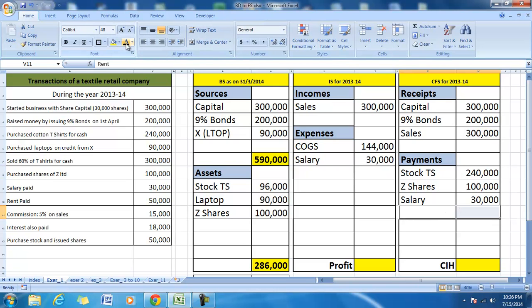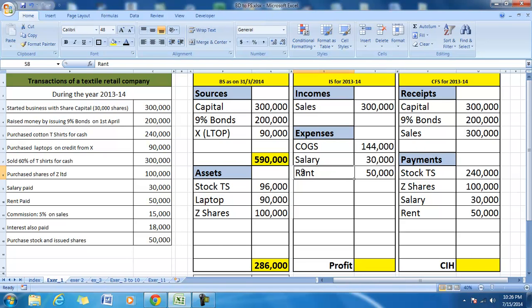Rent is 50,000. Rent is a payment and rent is an expense here. Rent is an expense, 50,000. Advance rent is an asset. Advance salary is an asset, but salary for the period is an expense.